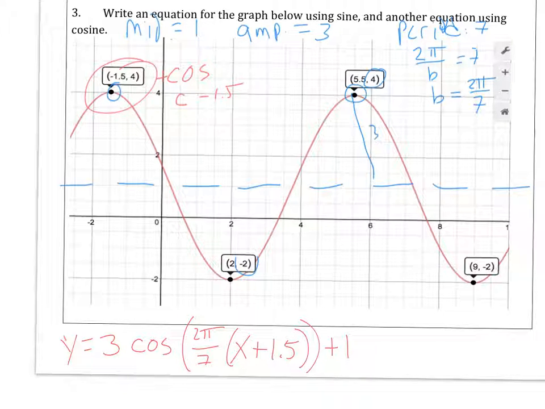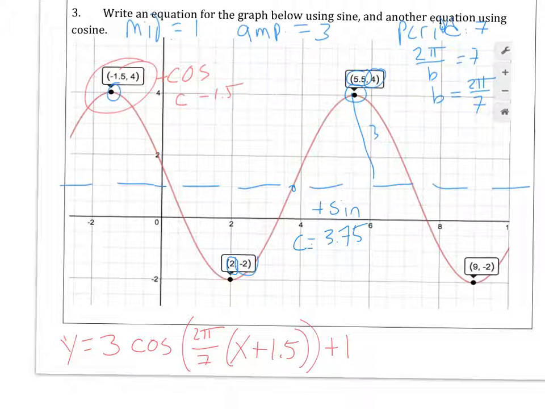Then I can try to find a sine value. And I can't quite see what that point is. We know sine starts at our midline. In trying to find out what this sine value is, maybe look halfway between 2 and 5.5. So that means that for a positive sine graph, 2 plus 5.5 is going to be 7.5, and halfway there is going to be 3.75.